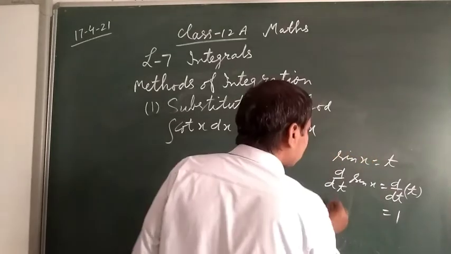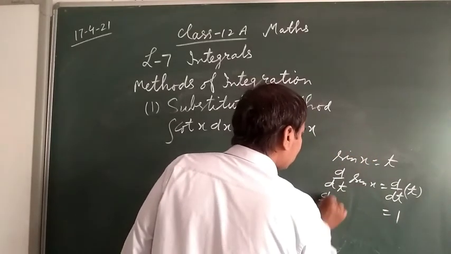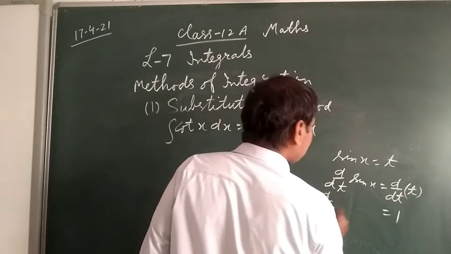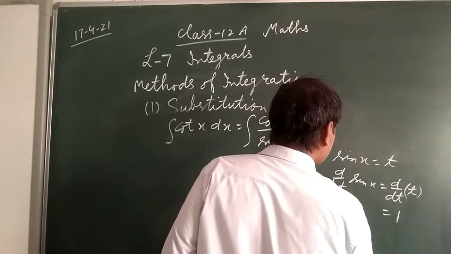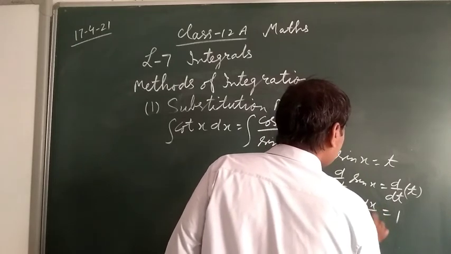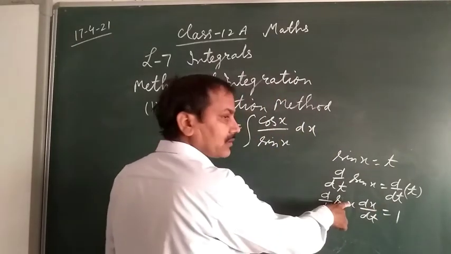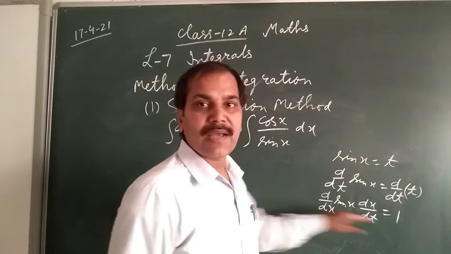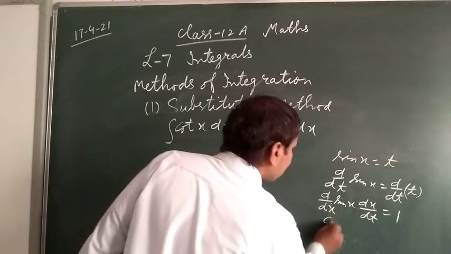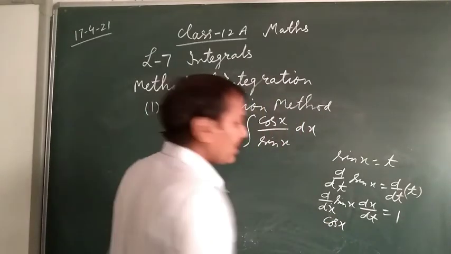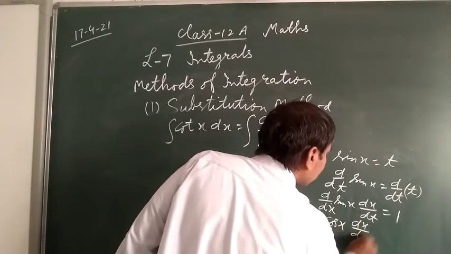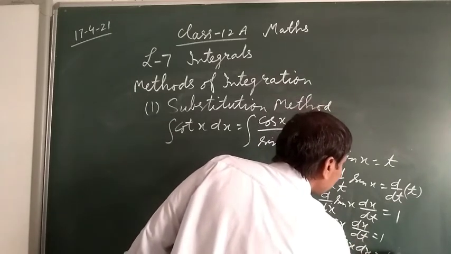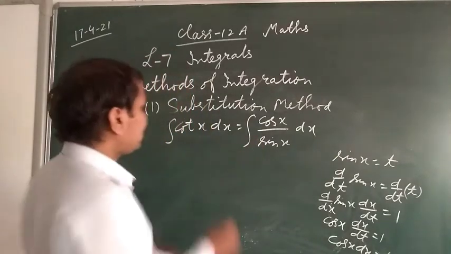So d by dt of sin x. First write d by dx of sin x, and then dx by dt, because sin x we can differentiate with respect to x, not with respect to t. So apply the chain rule. The differentiation of sin x is cos x, and dx by dt equals 1. So cos x dx equals dt.